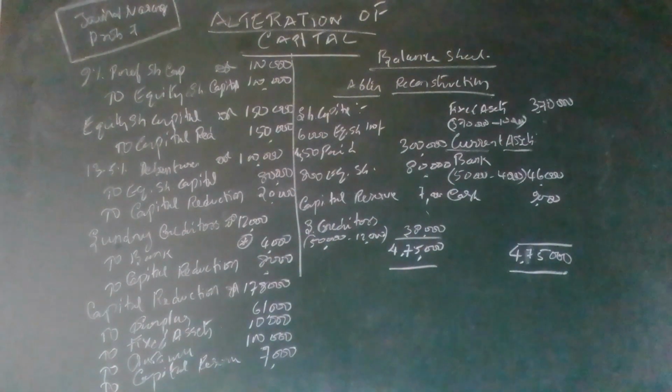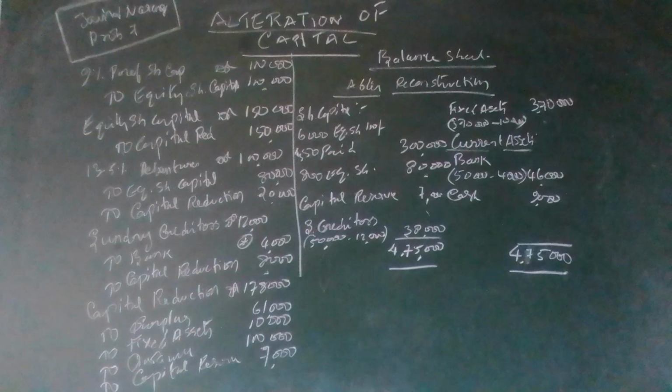And the balance in the capital reduction account is taken in the name of capital reserve. Sundry creditors: the total is 50,000, and we have debited 12,000, that is 10% of the claim paid immediately and 20% remission. So the balance of sundry creditors is 36,000.